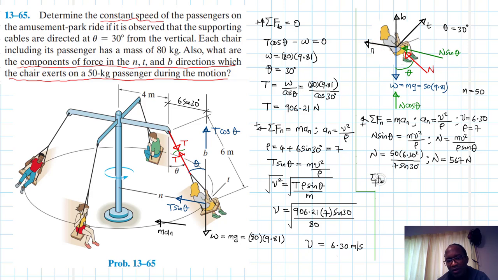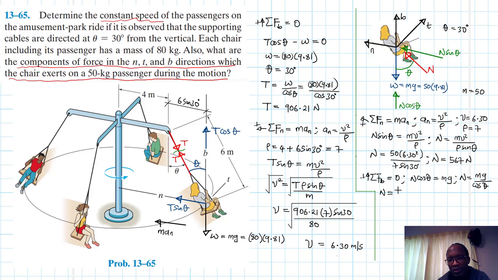Summation of forces along the B going up in our reference. This is going to be equal to, we don't have motion along that direction, so this is just 0. So we'll have N cos theta equal to W, which is just mg, and therefore our N will just be equal to mg divided by cos theta.